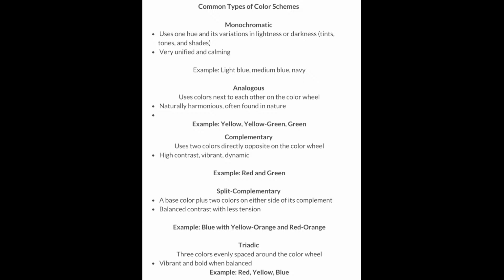But let's talk about some of the different types of color schemes. The first one I have here is monochromatic, and that's actually my favorite one. It just uses one color, but has different variations in lightness and darkness. Think about the tones, tints and shades that we talked about the last few streams, and they provide a very calming effect. One example is you can use a light blue, a medium blue, and a dark blue.